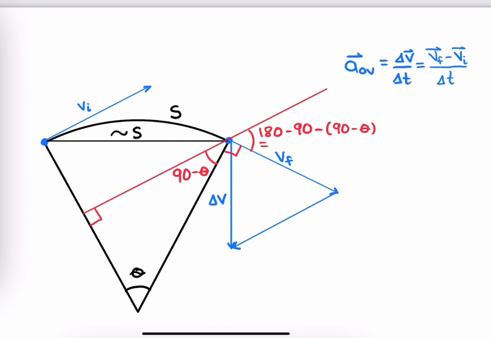So 180 minus 90 minus 90 minus theta turns out to be good old theta. So this angle here is the exact same as this angle here. And it sort of looked that way from the diagram, but now we've been able to prove it.